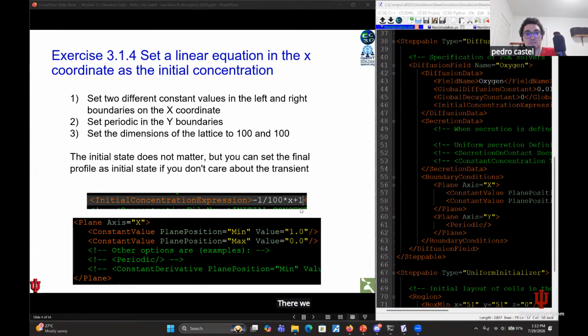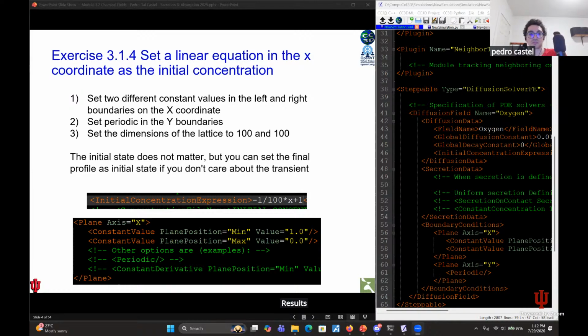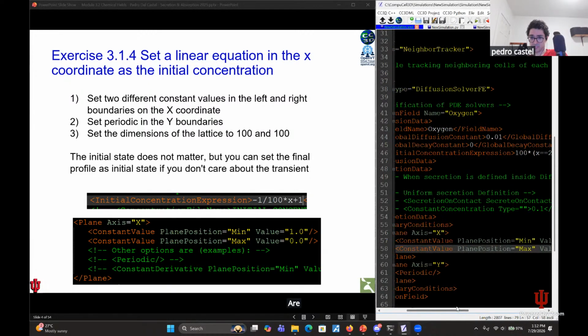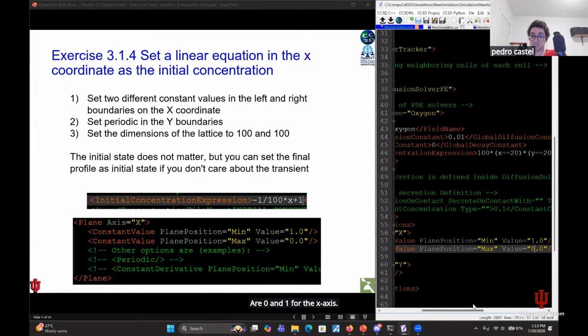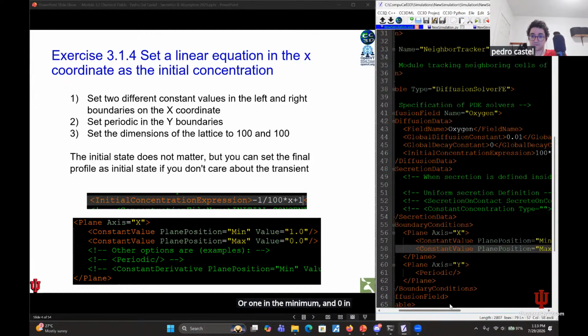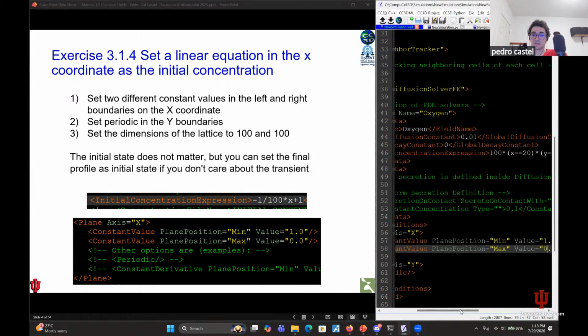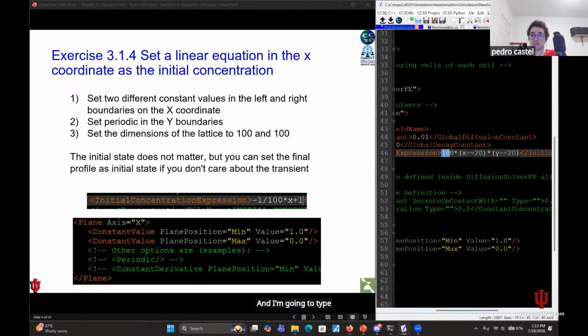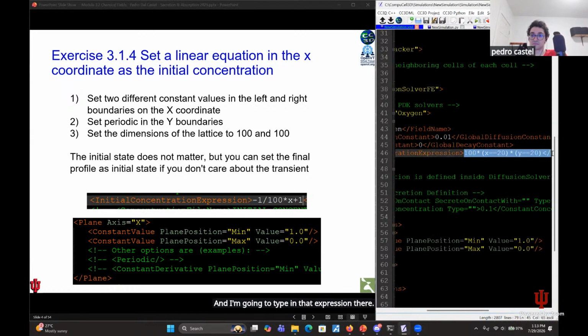There we go. So Aritra got the correct result. I'm going to do it myself now. So the boundary conditions are 1 in the minimum and 0 in the max for the x-axis. And I'm going to type in that expression there, -1/100 times x plus 1.